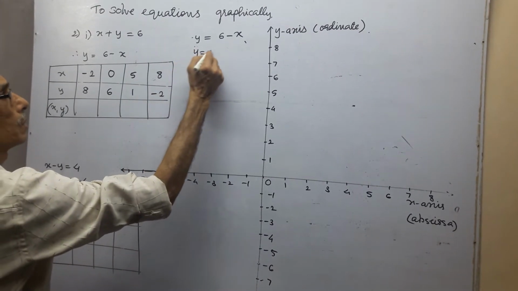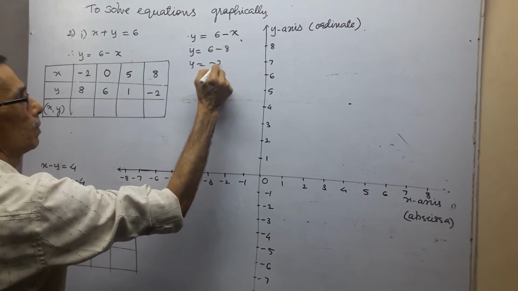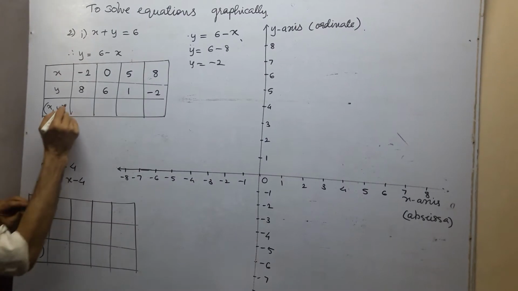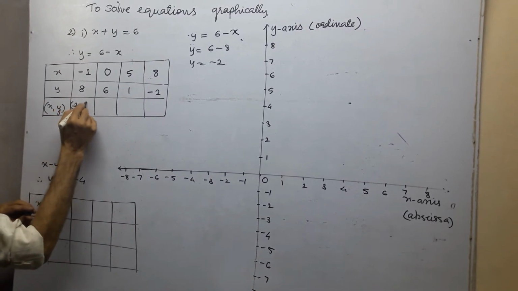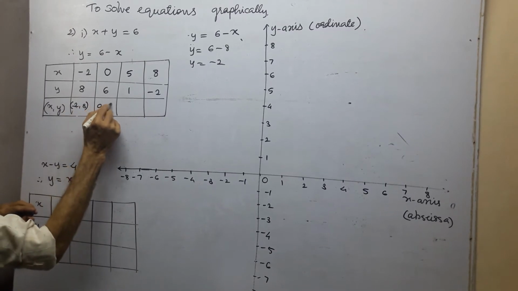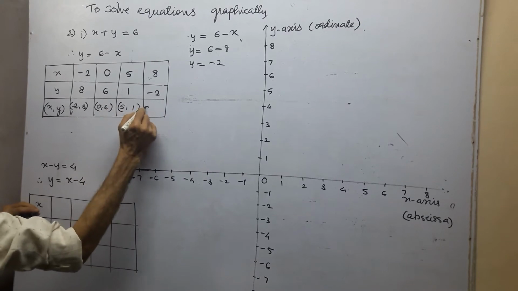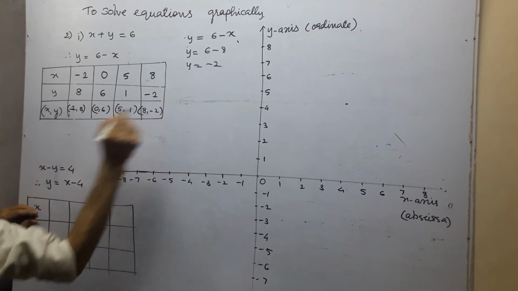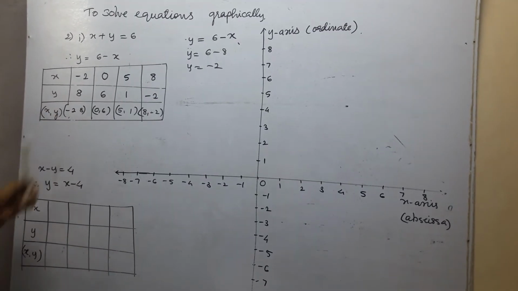Because y is equal to 6 minus 8, and that is equal to minus 2. And therefore the points are minus 2, 8. Here 0, 6, 5, 1, and 8, minus 2.